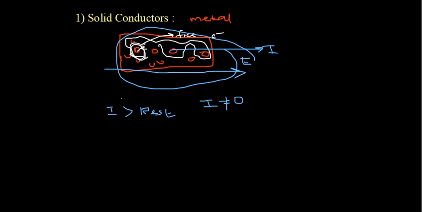But interestingly, if I assume that these electrons are in motion, then another question will arise. If they are in motion, what is responsible for their motion? Practically, it is observed that these electrons are always in motion, and this is due to the temperature effect, the room temperature effect.